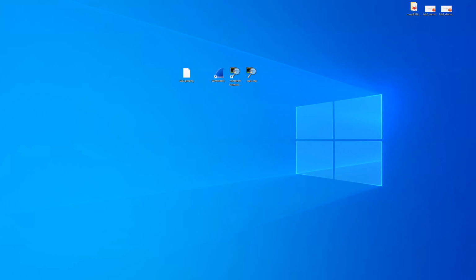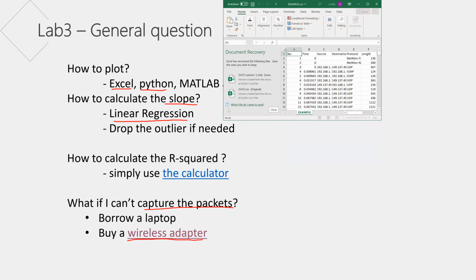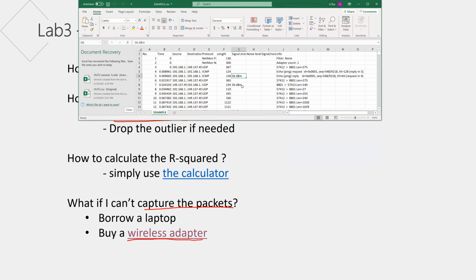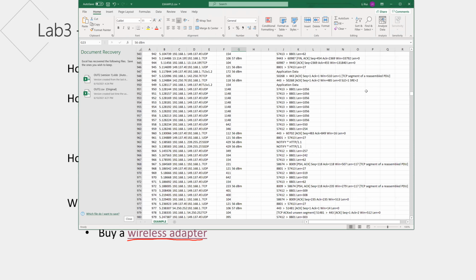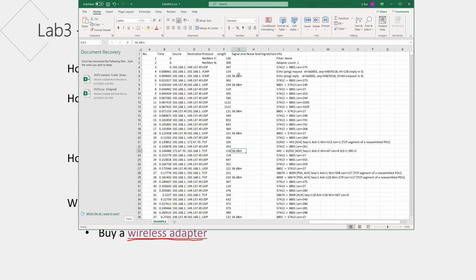Let's see the example CSV file here. It is a positive value, right? It's quite weird. I may double check it, but for now, maybe you can simply add a negative symbol by hand. Yeah, it shouldn't be positive.